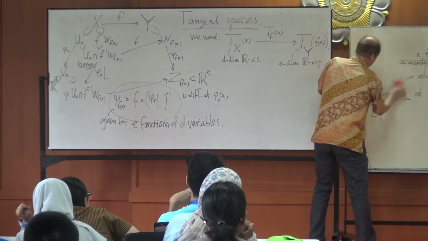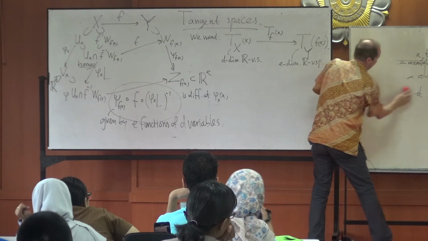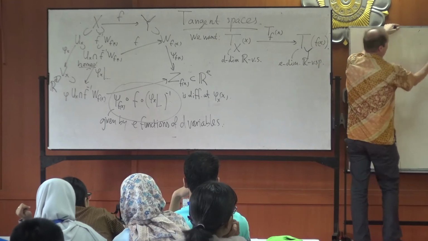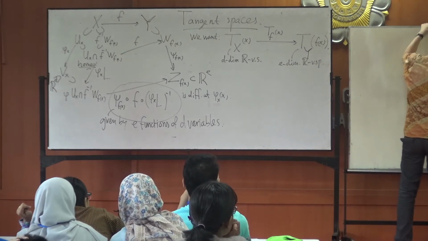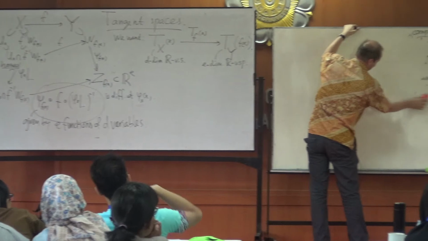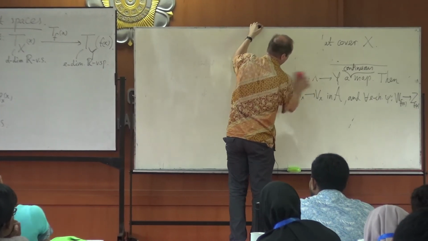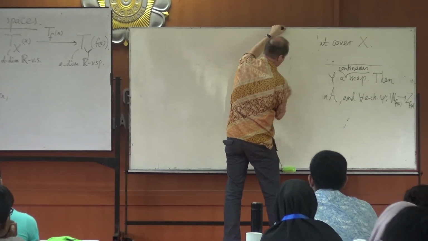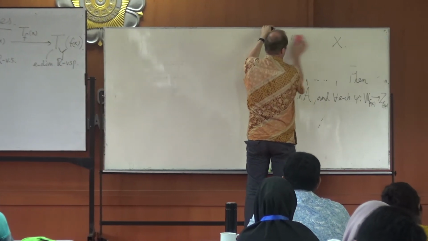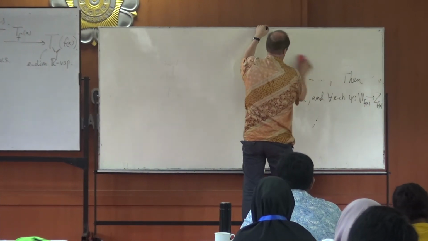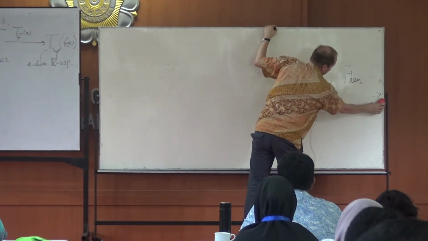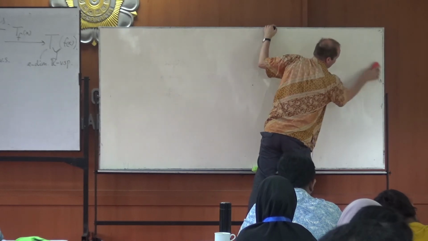So the idea is to look at curves that go through a given point x and look at the set of those and divide out by some equivalence relation. That is the cheapest way to get the tangent space of an abstract manifold.